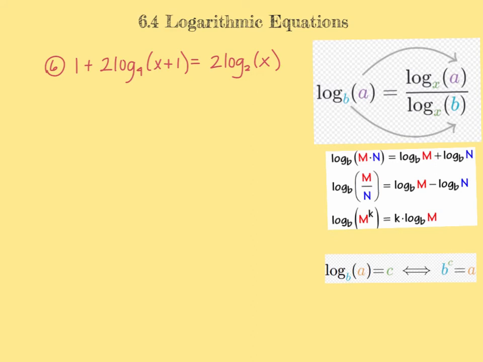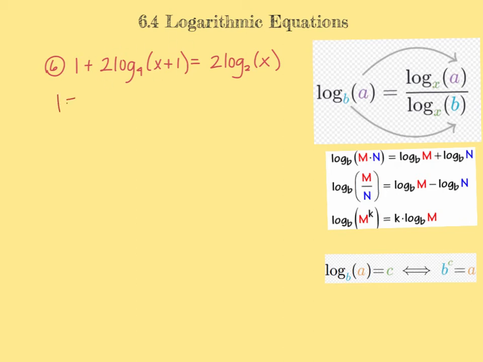In our last problem, we're going to be pulling out all the stops here. So we have 3 terms again, and 2 of them are logs. So let's get those 2 terms with logs in it on the same side, and we'll keep the 1 isolated. So I'm going to subtract this term, 2 log base 4 of x plus 1 from both sides.